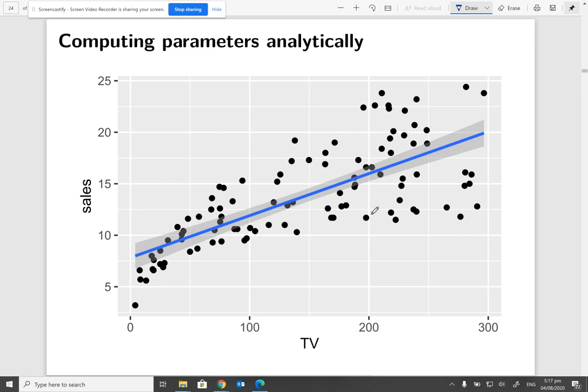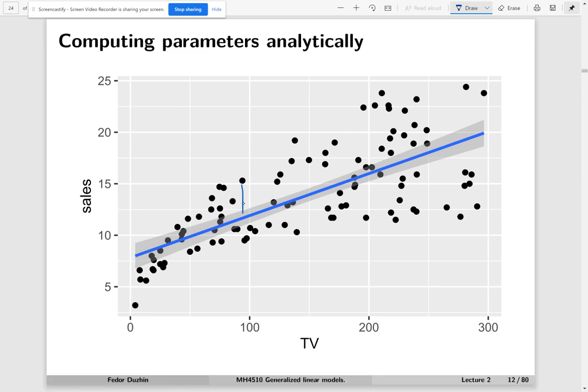So first of all, how it looks like, right? If we fit a linear regression with one response variable and one predictor, then we are minimizing the sum of squares of these vertical distances from our points to our regression line.